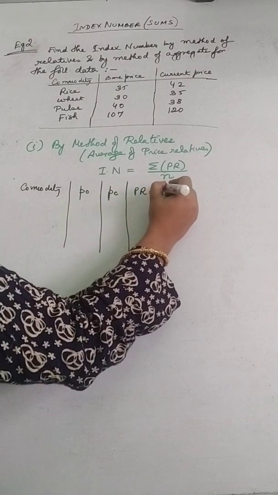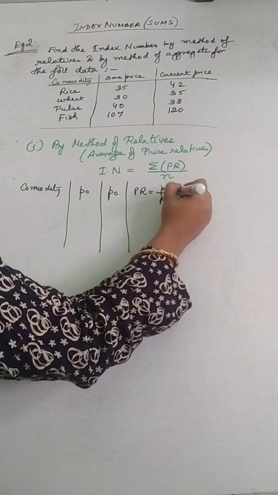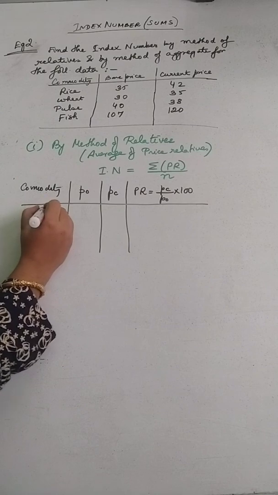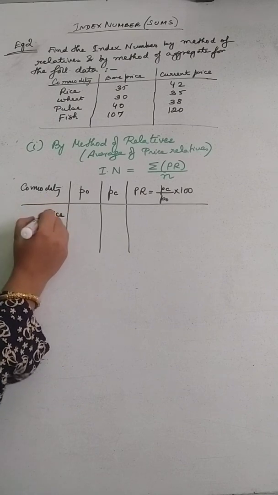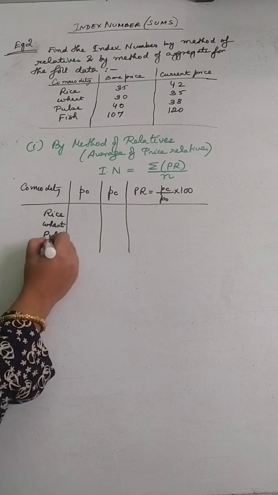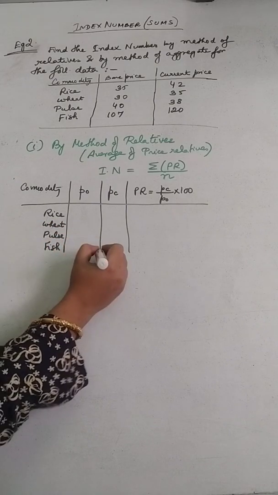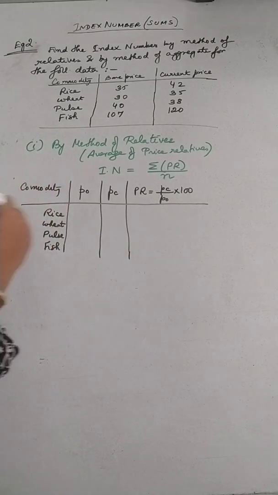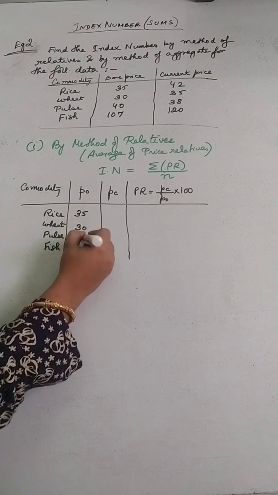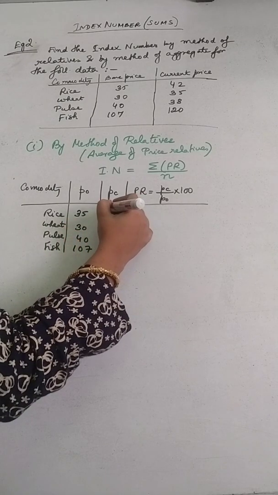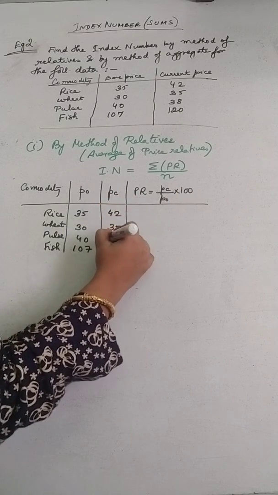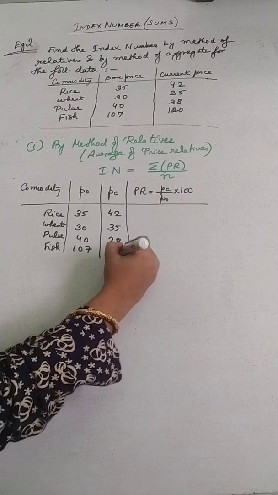PR is PC by P0 into 100 for each of the commodities. What are the commodities? Rice, wheat, pulse and fish. Prices let us copy down. This is 35, 30, 40, 107. PC over here it is 42, 35, 38, 120.